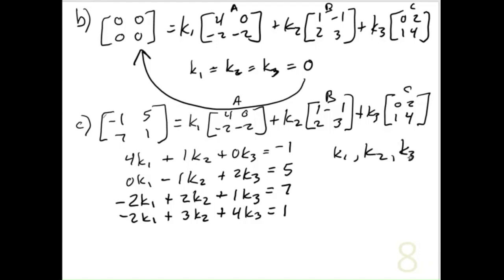We're going to get the augmented matrix here of 4, 1, 0, negative 1. We've got 0, negative 1, 2, 5. We've got negative 2, 2, 1, 7. And then we have negative 2, 3, 4, and 1.